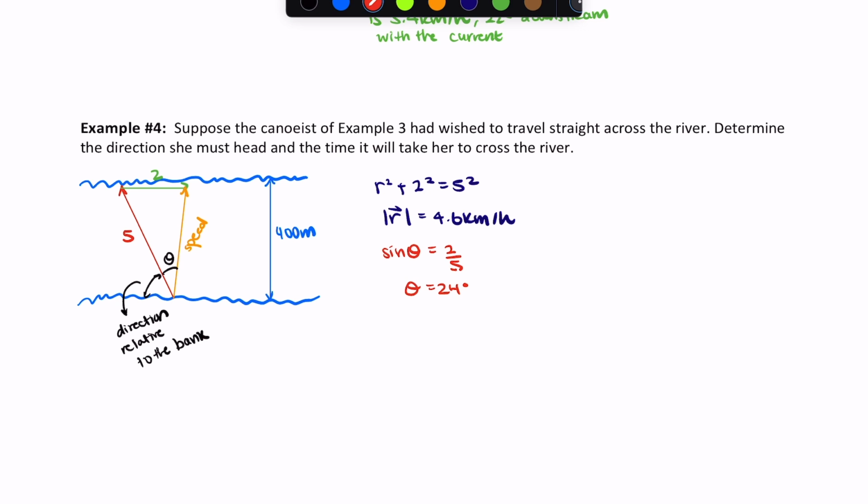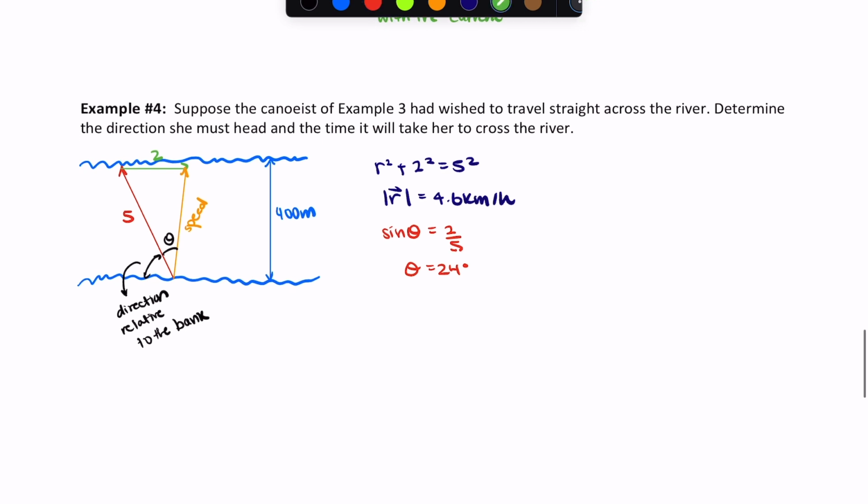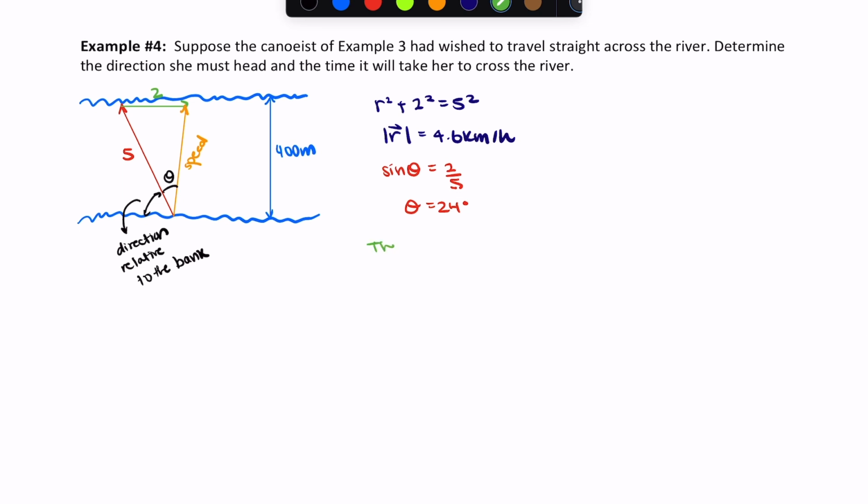And so the resultant velocity is 4.6 kilometers per hour, 24 degrees against the current, which is upstream here.